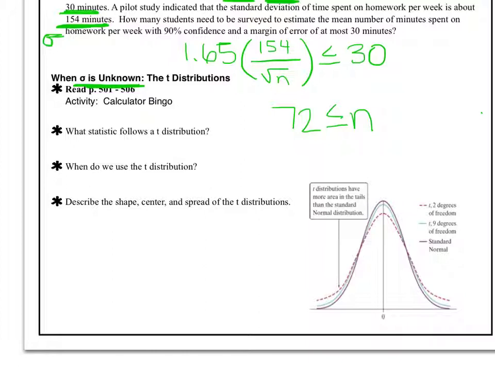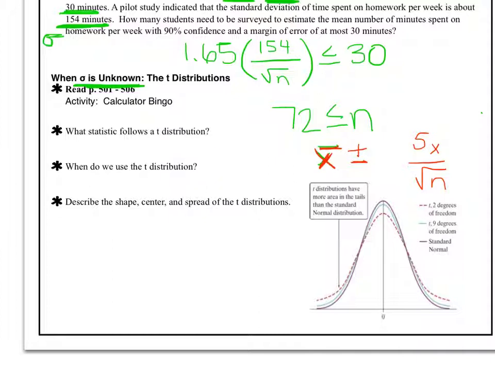Well, if I don't know the standard deviation of the population, what I can do is I can say x bar, and let's actually do this in another color to make it stand out. X bar plus or minus the critical value, which we'll get back to in a minute, times, and I can use the sample standard deviation over the square root of n.